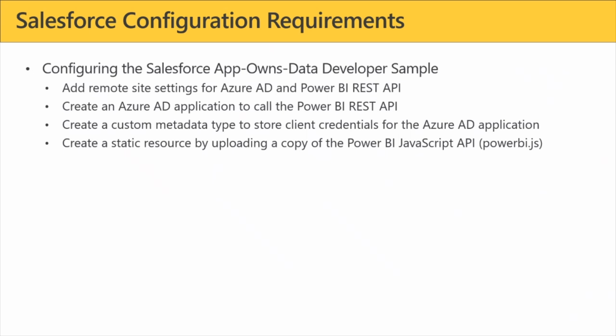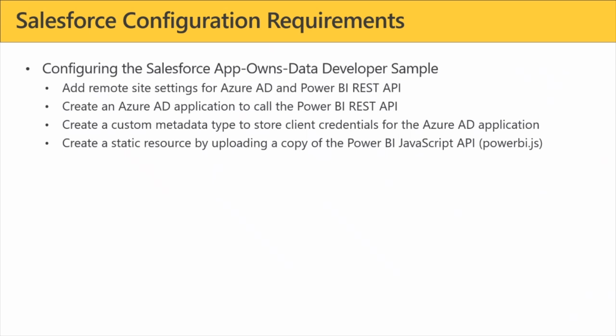Now, going a little bit further here, what we need to do to set this project up is to add several different settings into our Salesforce environment. So if you haven't done it, you can create a Salesforce developer account, which will give you an environment where you can play with these different things. But these are also things that are going to have to be configured as you push the app out into production. So adding remote site settings, we have to create an Azure AD application so that we can call the Power BI REST API as a service principal. And we're going to do two more things.